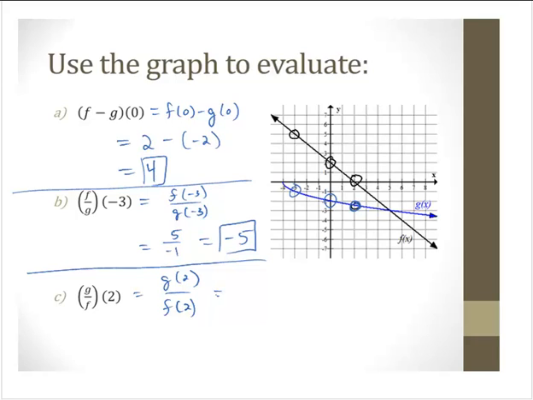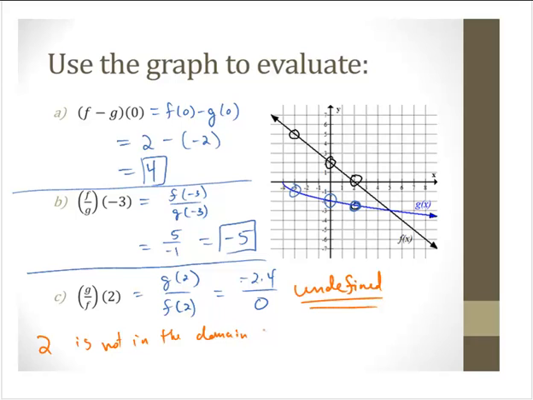So that gives us negative 2.4 over 0, and that is undefined. So the element 2 is not in the domain of g over f of x.